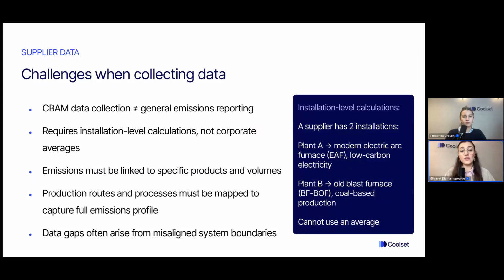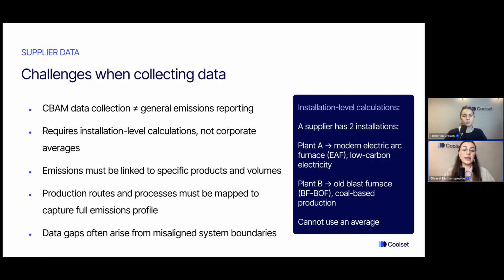So it's not enough if your supplier gives you the same emission factor that you can find online. You need to have something that is specifically linked to the products and the volumes and the factory in which the materials are produced. Also, even the different production routes and processes will play a role on how this number is formed at the end.